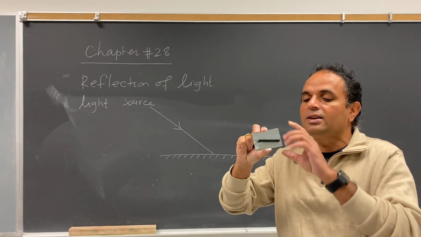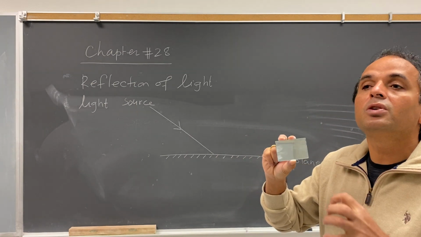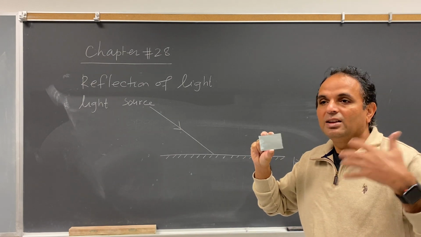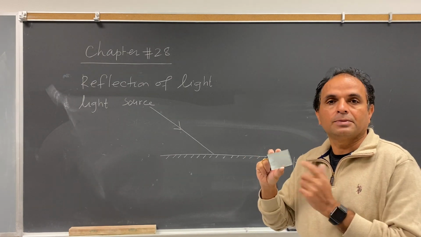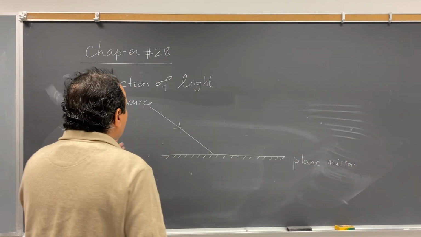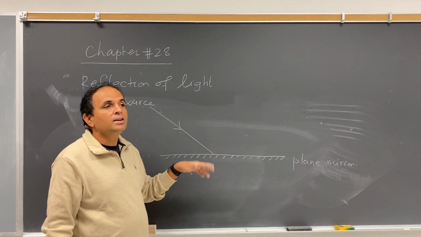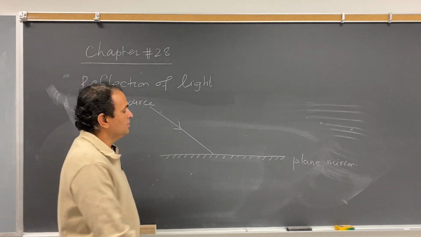This mirror is the same as the mirror you have in your bathroom, or which you can use for your dressing. Okay, plane mirror. And what happens is when the ray of light strikes the opaque object, it gets back to the same medium like this.